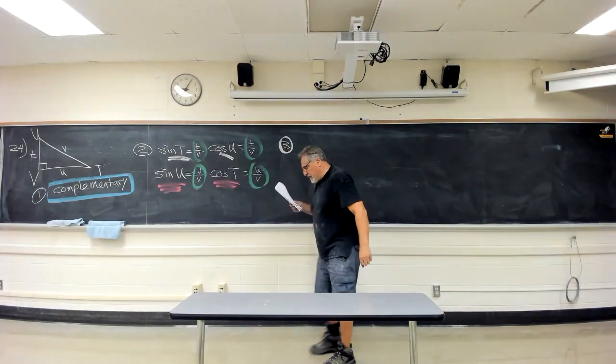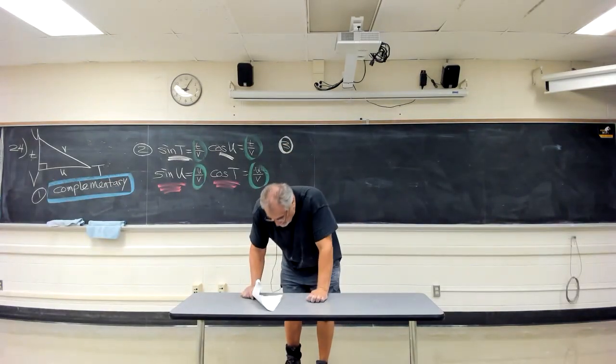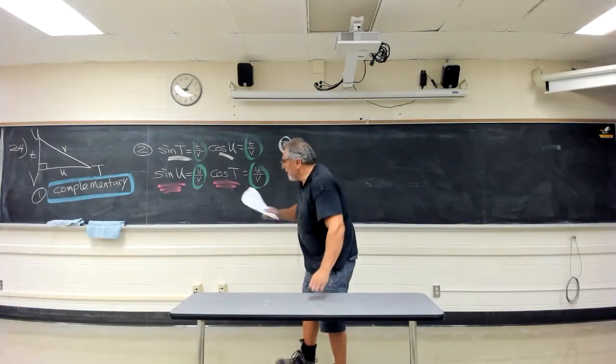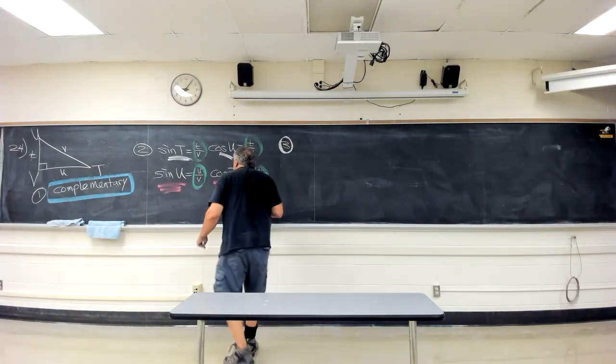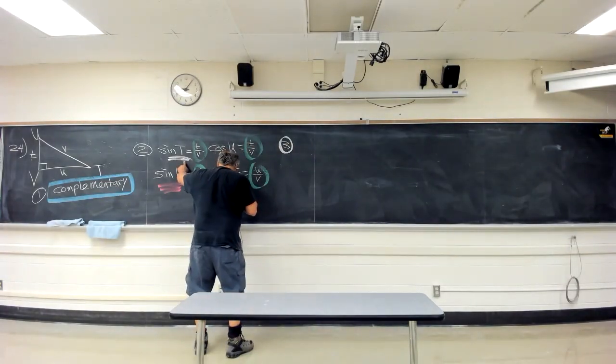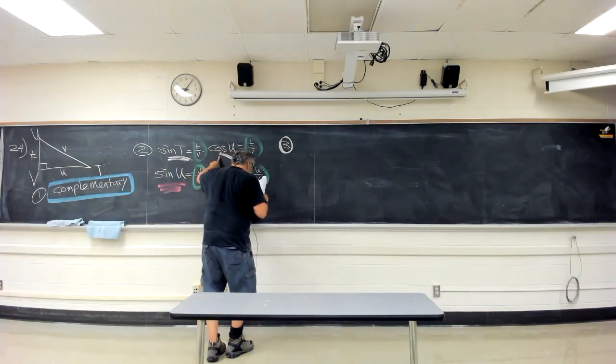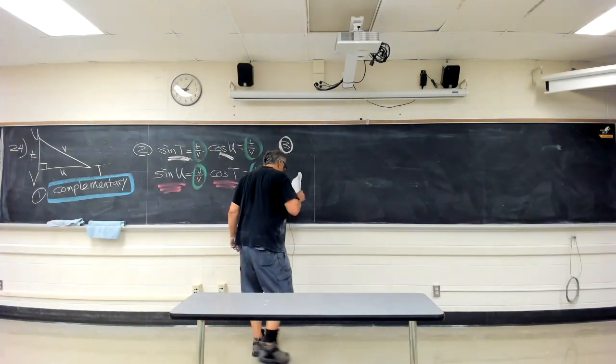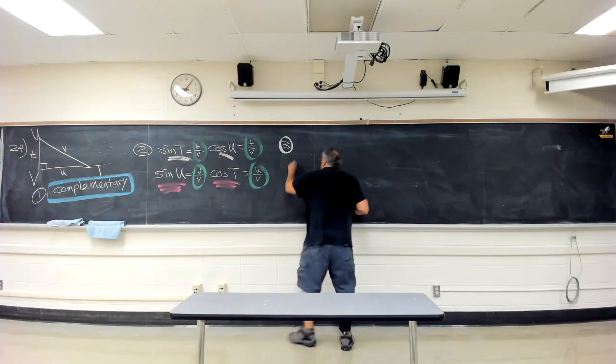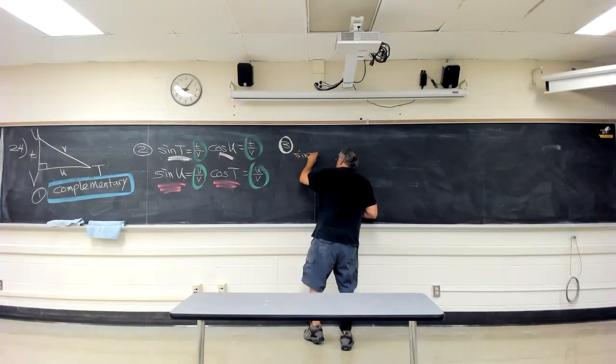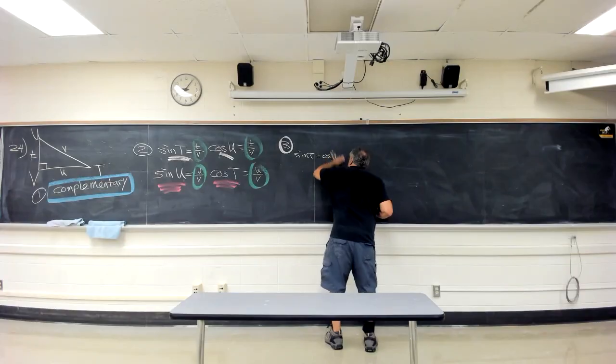Select all of the true statements. Sine of T equals sine of U. That's not true. Sine of T equals cosine of U. Yes. These are all big letters, okay?